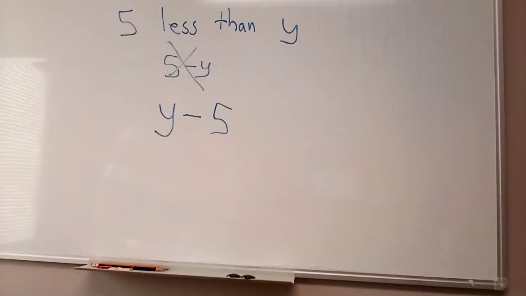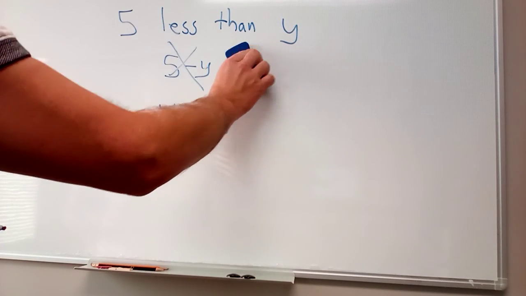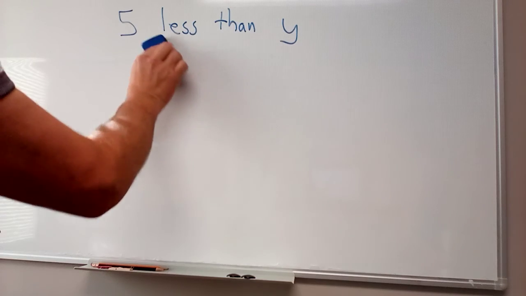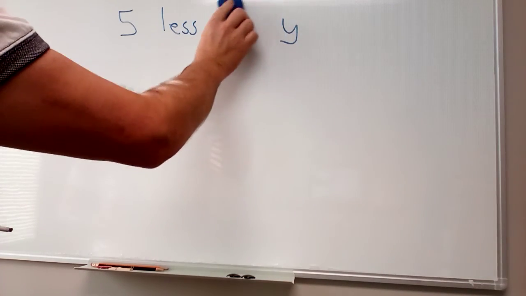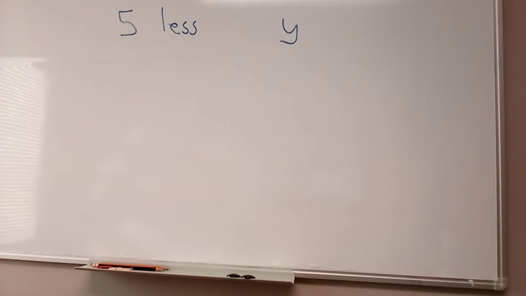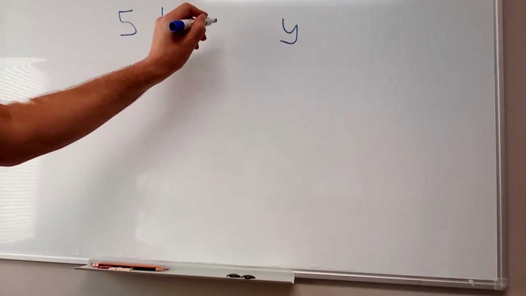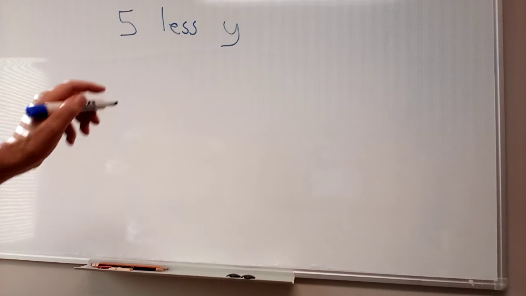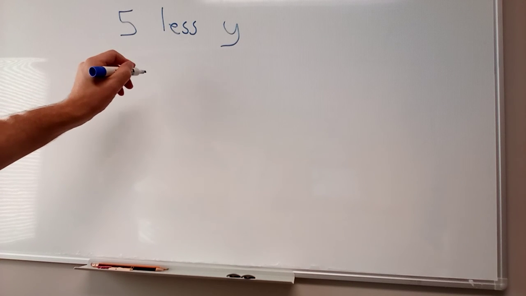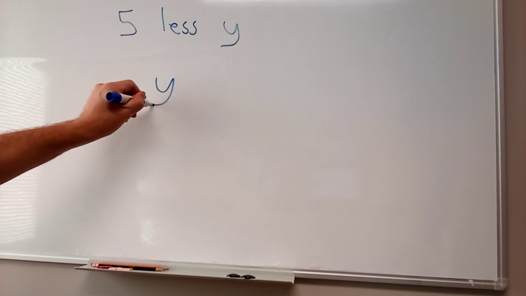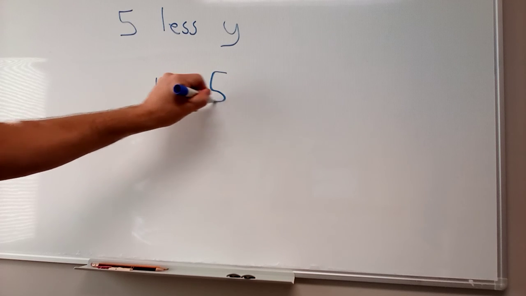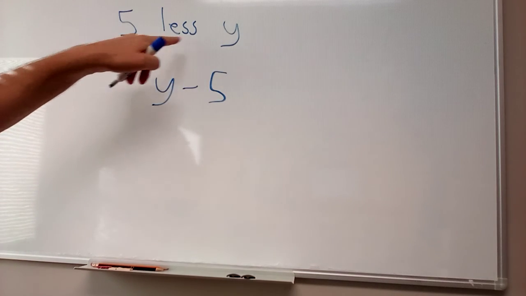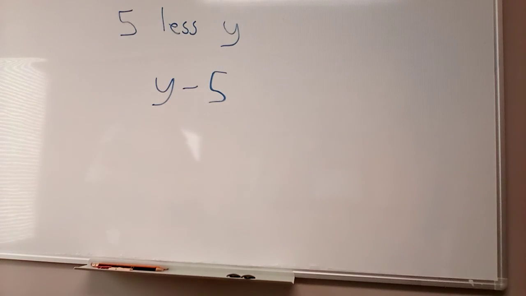Now, something that's very tricky is, what if I just take out one word of this? What if I say 5 less y? I took out the than. If I went 5 less y, then I would put y minus 5, because I want 5 less y.